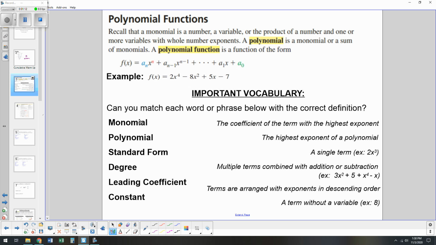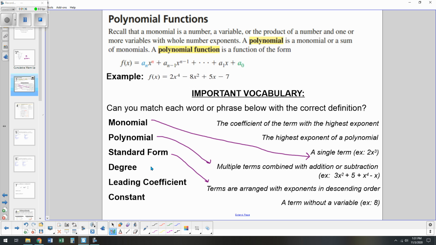So a monomial would then be a single term. A polynomial is multiple terms combined with addition or subtraction. Standard form is when all of the terms are arranged with their exponents in descending order.